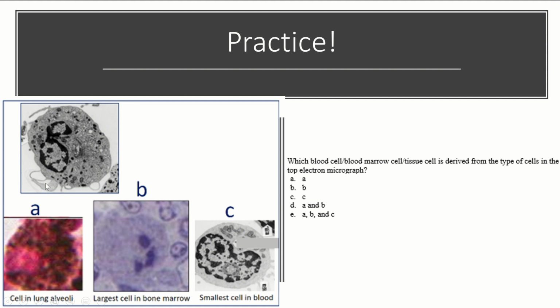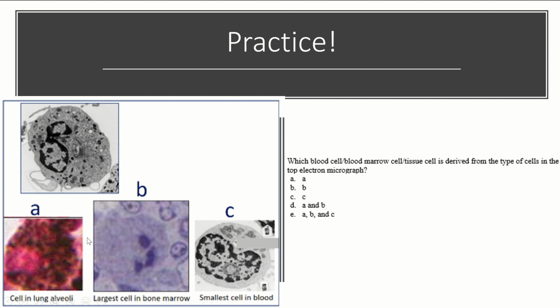So this is going to be a monocyte, right? This is a monocyte. And so what did we say is derived from a monocyte? We said it was a macrophage, right? Macrophages come from monocytes. So hopefully you can tell this is a macrophage in the lungs that we talked about earlier. This one, he says largest cell in the bone marrow.